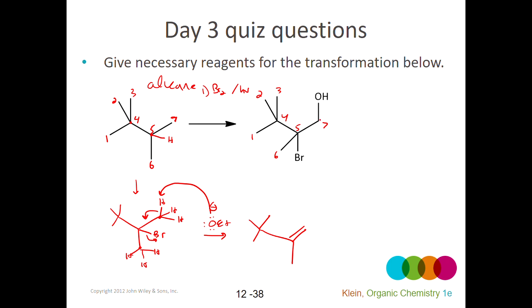Now that I have a pi bond, I can think about adding a bromine and an OH across there. I was expecting in a lot of your quiz answers for you to consider this option, the halohydrin reaction. If you put that in your quiz answer, I will give you credit for it, but it's not the best answer.